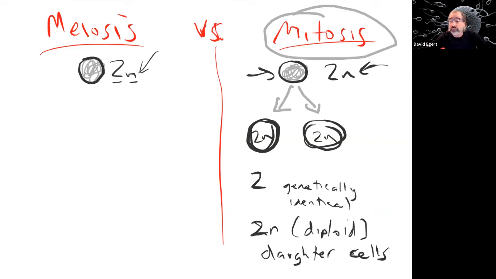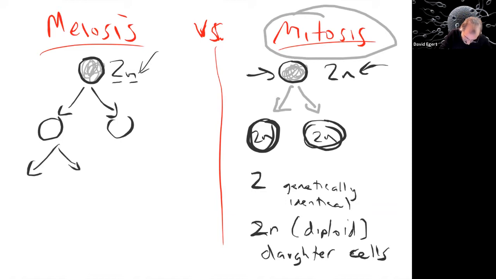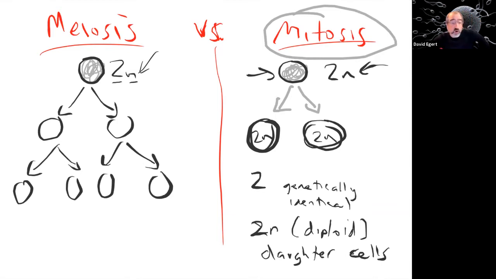Meiosis is super different. Meiosis has two rounds: there's meiosis 1, and then each of those goes into meiosis 2. You're going to end up with four daughter cells.